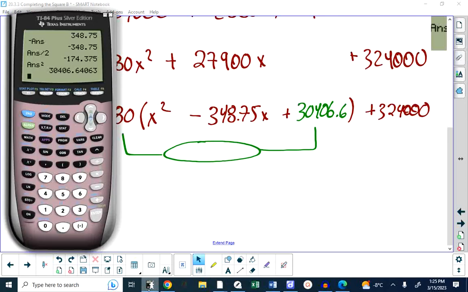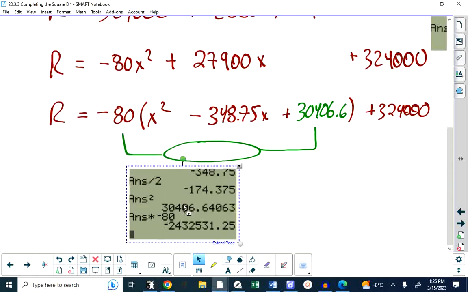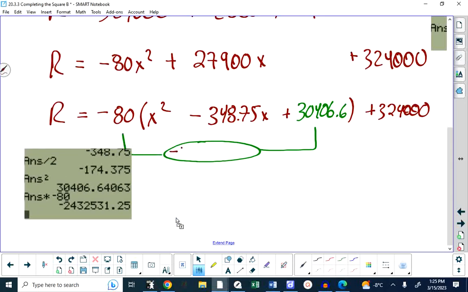So I need to take that number and multiply by negative 80, and I get negative 2432531.25, which means I have to add 2432531.25.